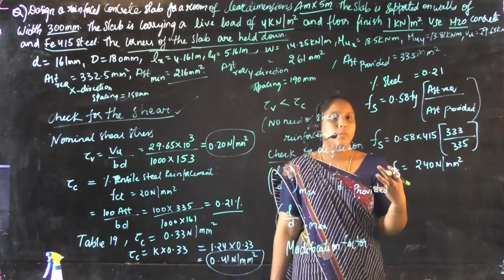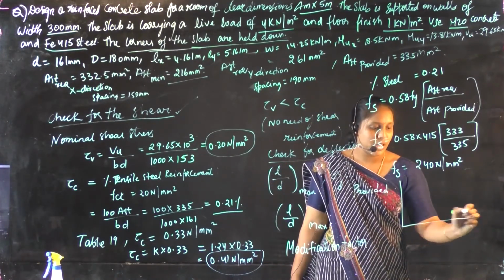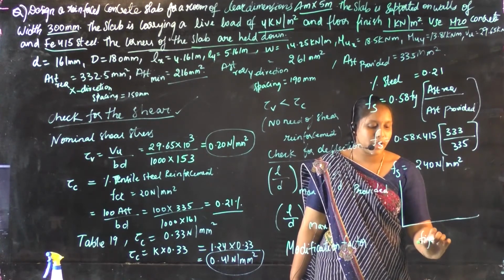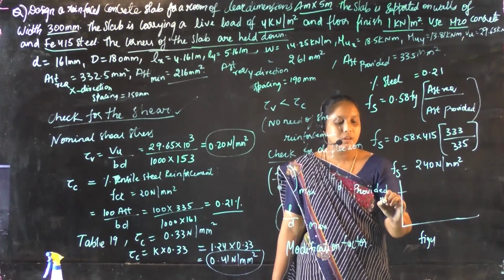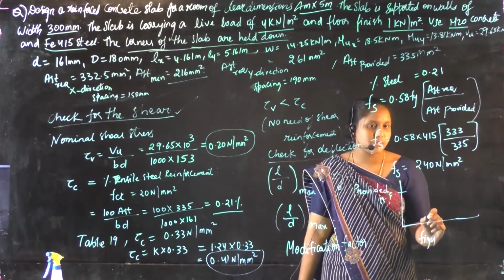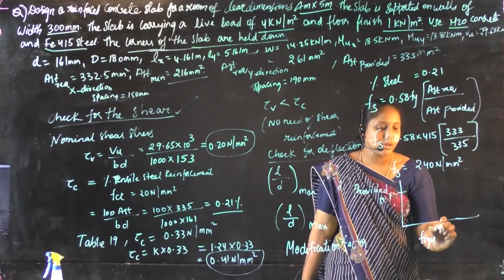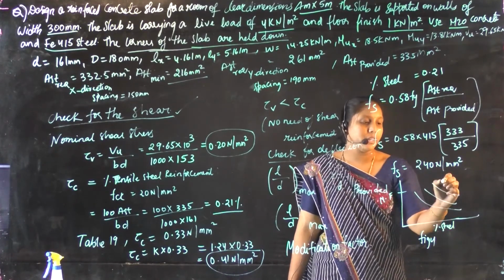So from where will we get the modification factor? The modification factor can be obtained from figure 4 of IS 456 2000. In this, on the y-axis you will have the modification factor, on the x-axis the percentage of tensile steel, and you have different curves for different stresses.